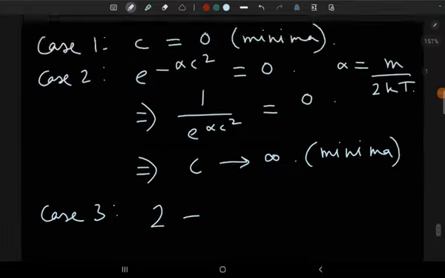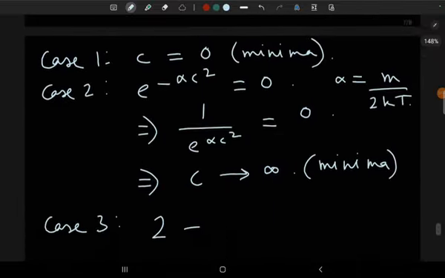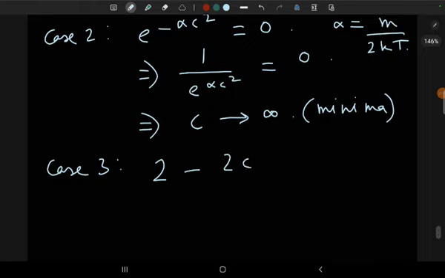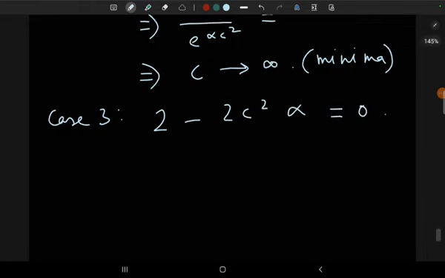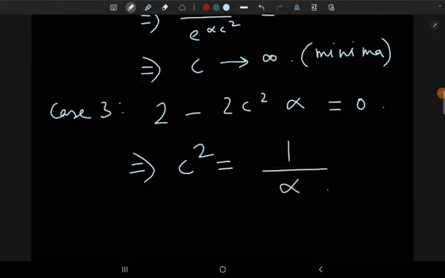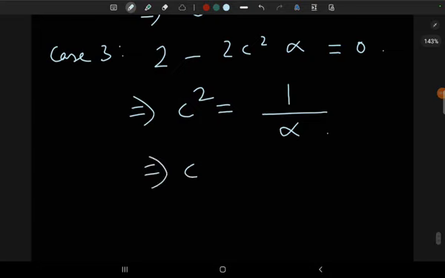2 minus 2c²α, that was equal to 0, and c² came out to be 1 upon α, and since we are talking about speeds, it should be non-negative.